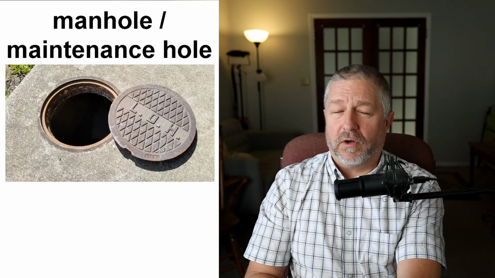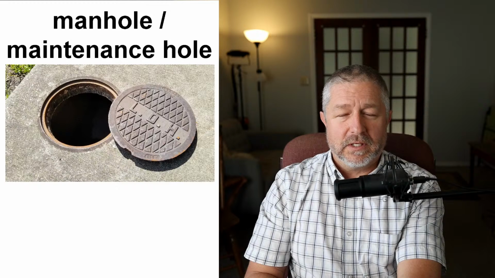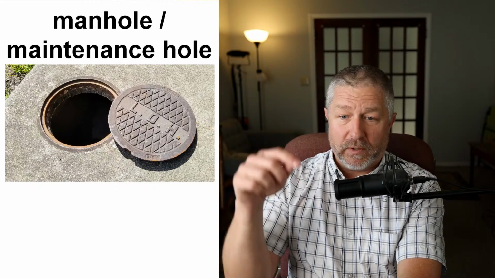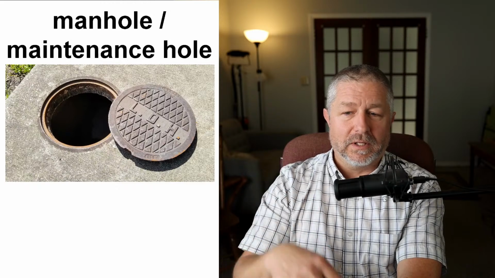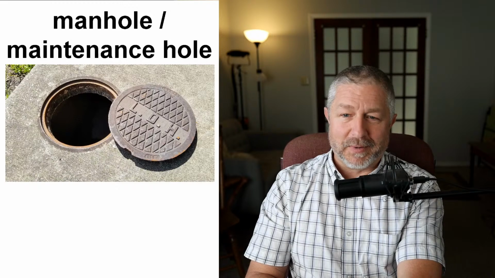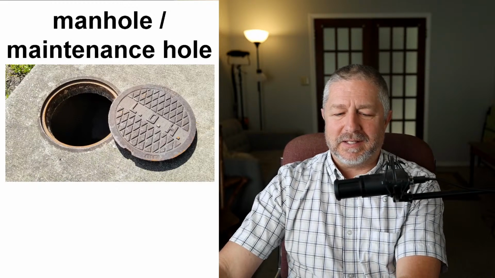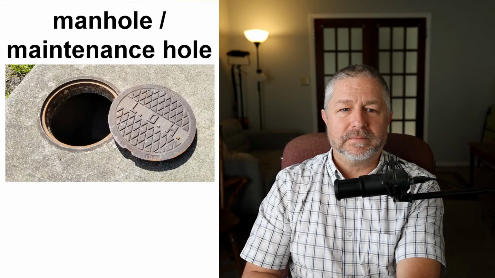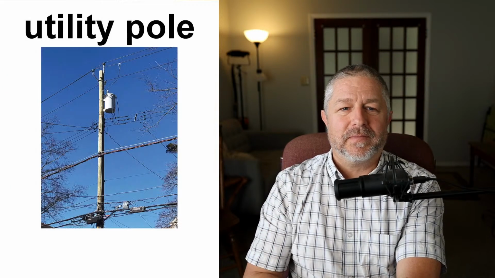And then we have things called manholes or maintenance holes. Sometimes they have to fix the pipes that are underground. They have to go into the manhole, and they have to fix a leak, or hopefully it's not the sewer pipe. That probably smells really, really bad. But definitely there are times where they have to go fix things and they need to get access.